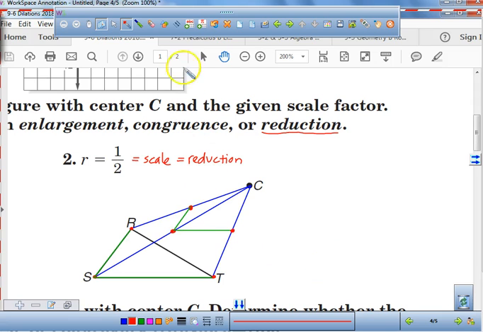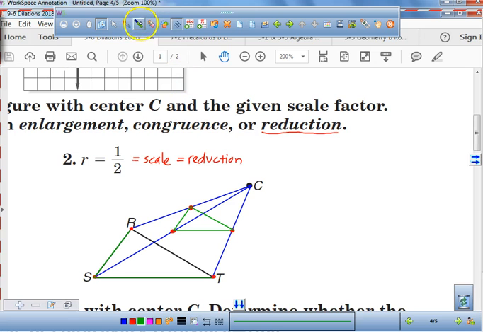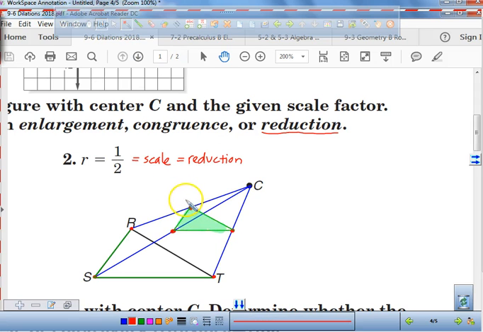Okay. Because are these triangles going to be similar to each other? Yes. The sides of our new triangle are going to be half the other. And here is our resulting image. So one thing I forgot to do last time, I want you to label it. That's R prime. That's S prime.